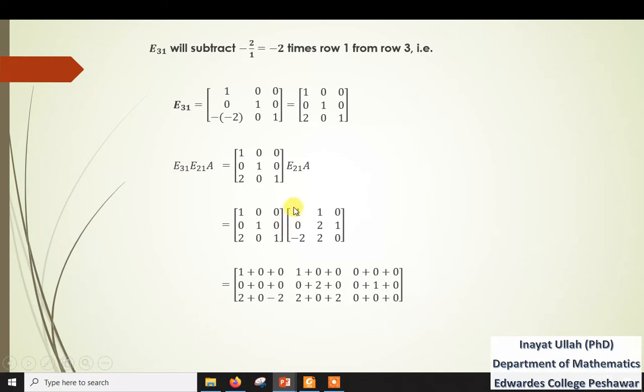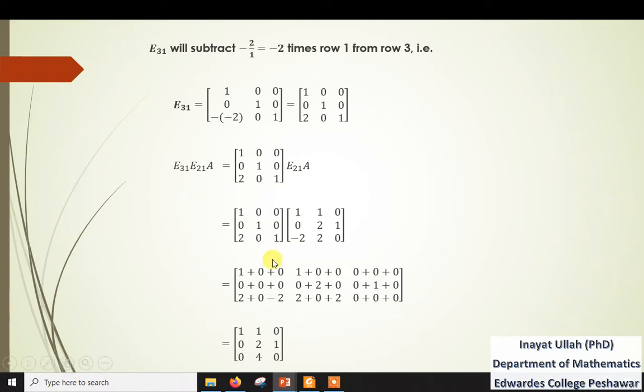Now second row, first column is the first element of row 2, second row, second column is the second element of row 2, and second row, third column is the third element of row 2. Similarly third row, first column is the first element of the third row, third row, second column is the second element, and third row, third column is the third element of row 3. Now adding these all, we'll get this matrix.